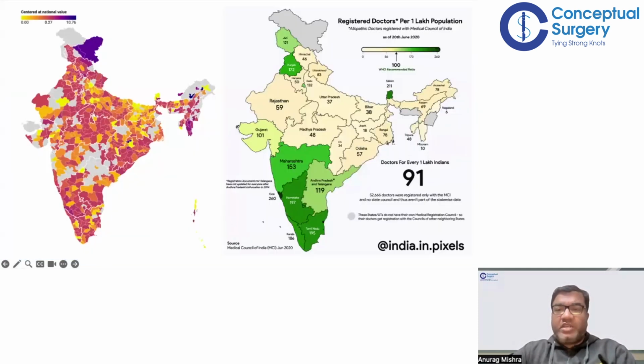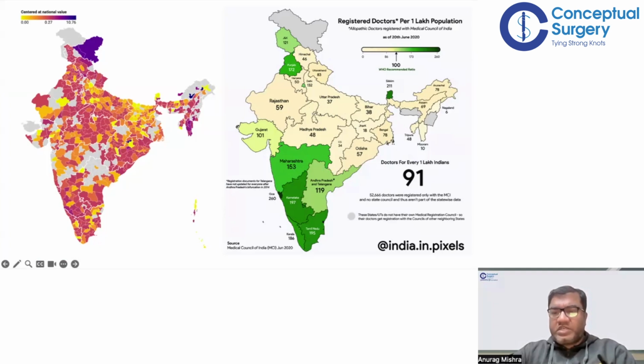Now let's talk about India. What's the status in India? In India, we have 91 doctors for 1 lakh individuals. This is for doctors, not surgeons, so please be careful. But the whole thing is we need around 100, let's say. But the thing is, it is not distributed equally.